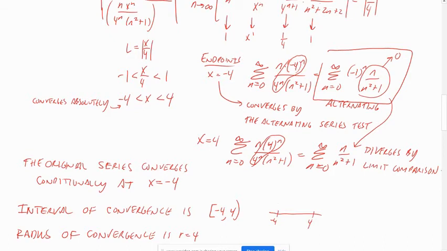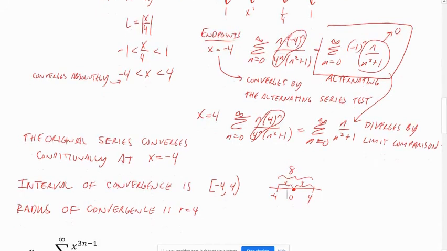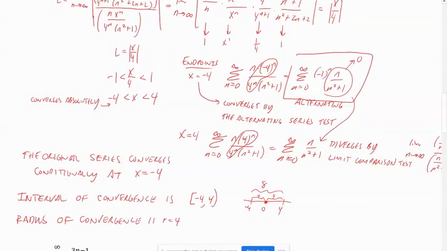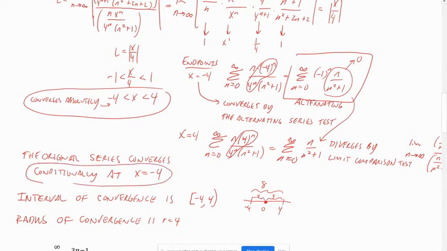That's a distance of 8. So that means we can go from 0, we can go 4 in that direction and 4 in that direction. So our radius is 4. And so I think we answered all the questions. It converges absolutely here. It converges conditionally only at x equals -4. This is our interval of convergence, and this is our radius of convergence.